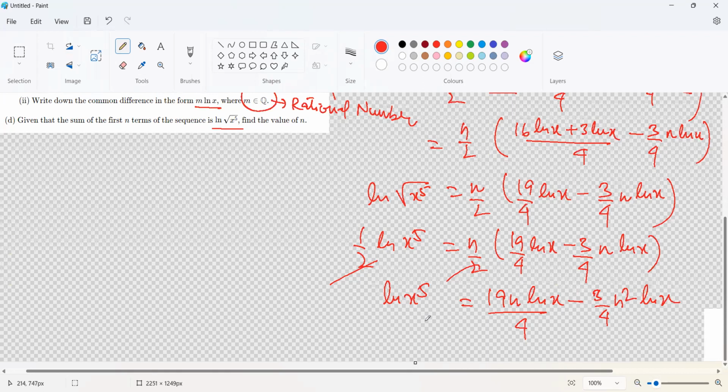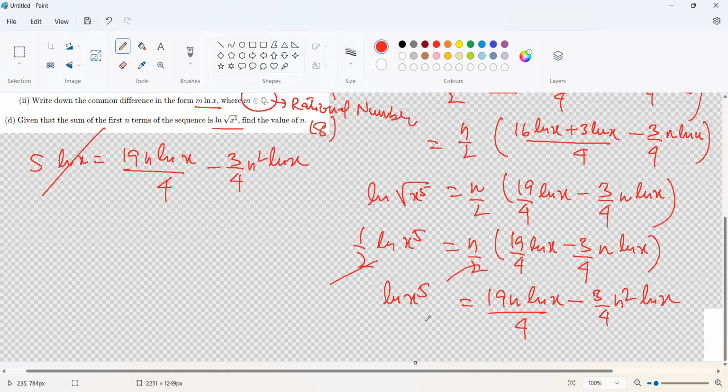This is an 8 marker question by the way, that's why it is taking so many steps. So 5 ln x equals 19n ln x upon 4 minus 3 by 4 n square ln x.